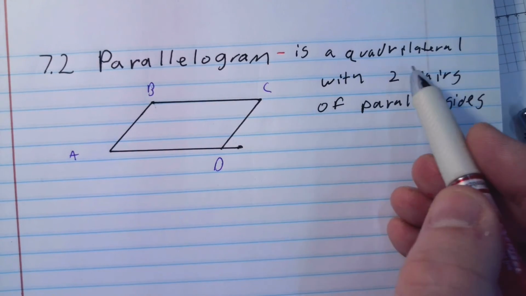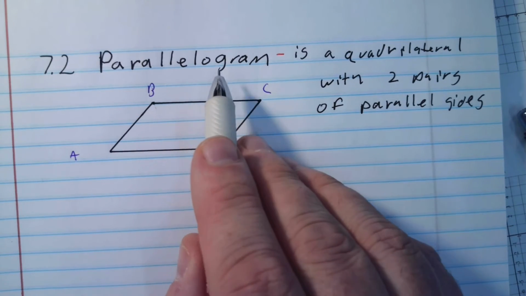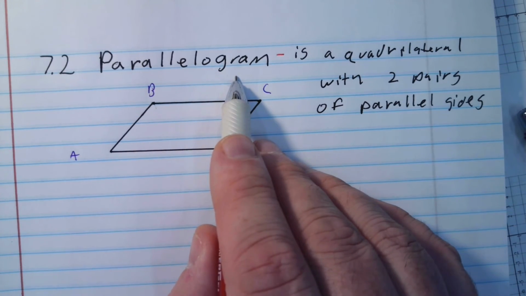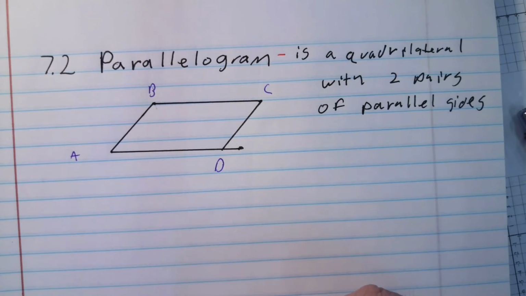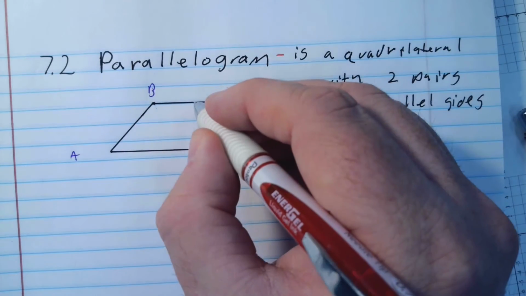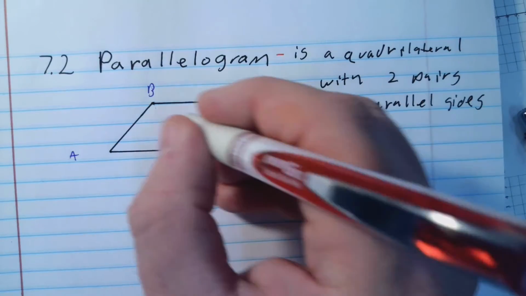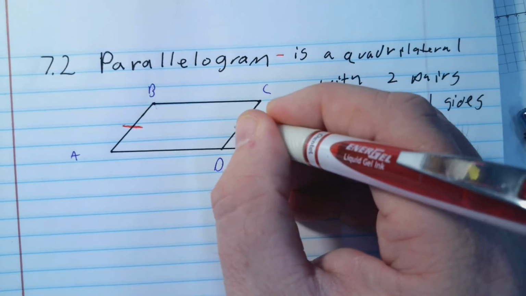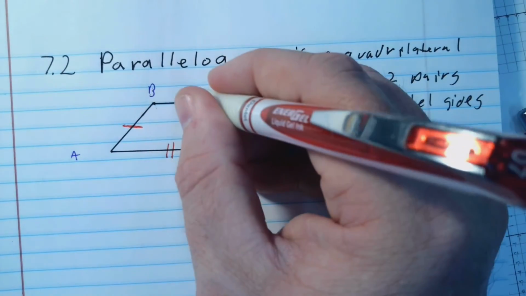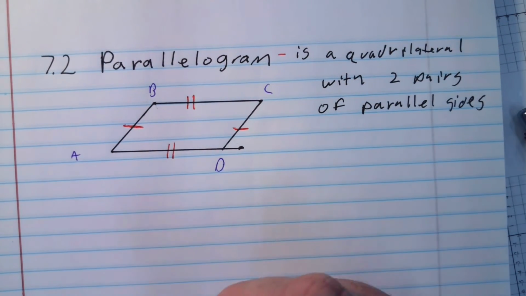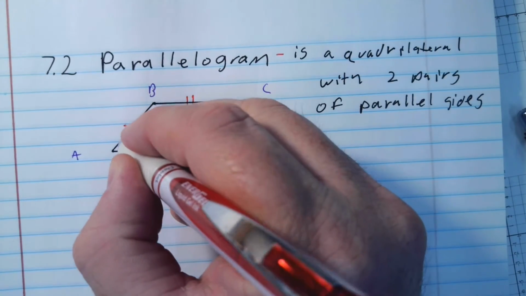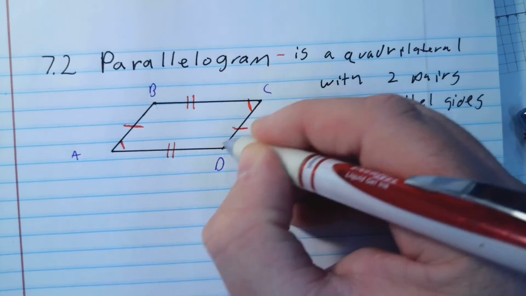If that is the case, if it meets the definition of a parallelogram, then you can do the rest of what this is saying. So, and you learned this probably back in grade school, that opposite sides of a parallelogram are congruent. Okay? Opposite angles are congruent.